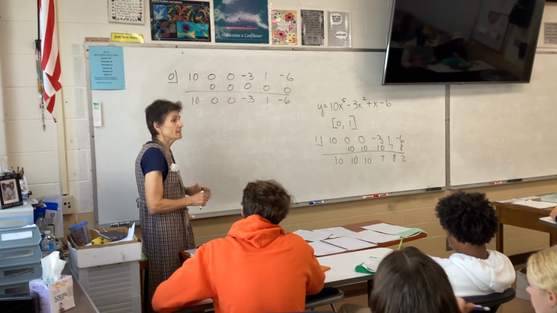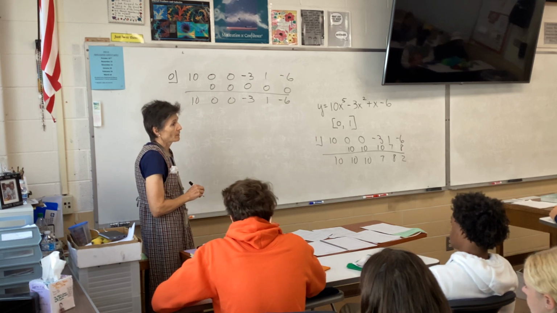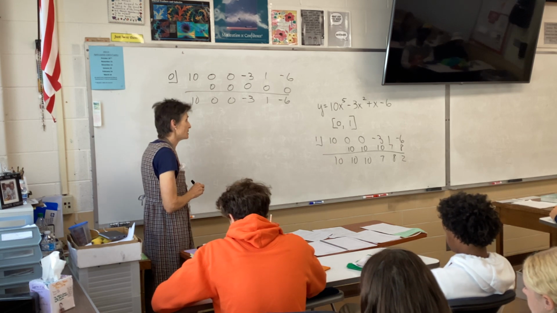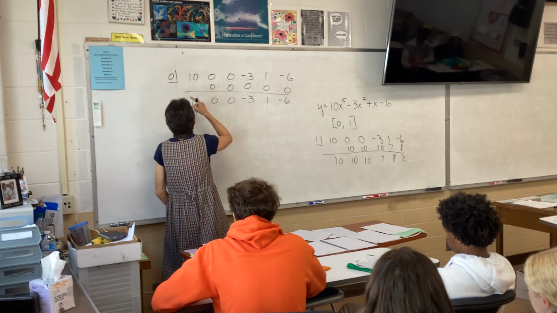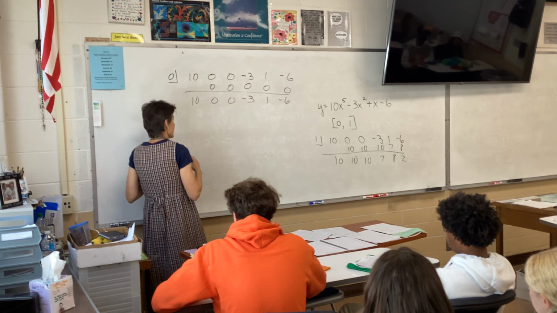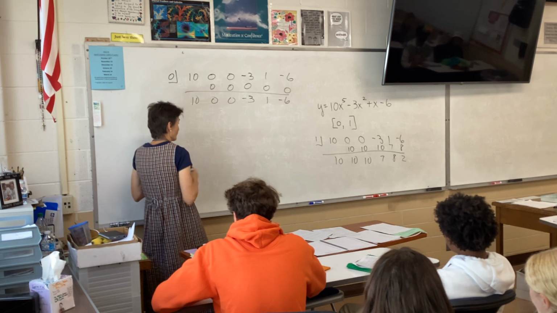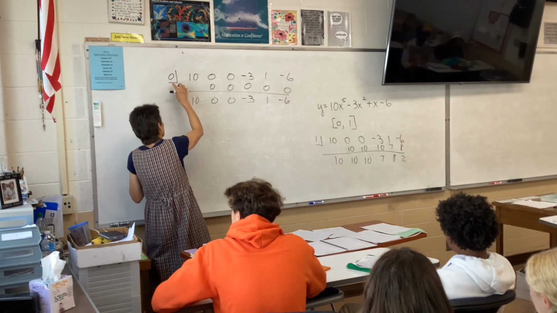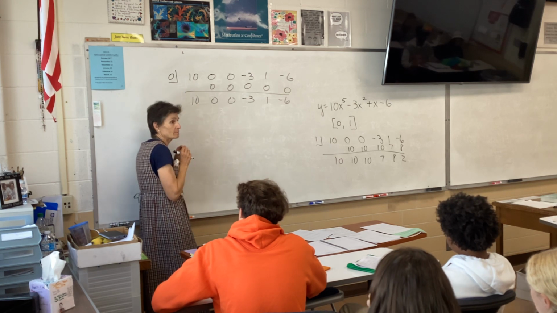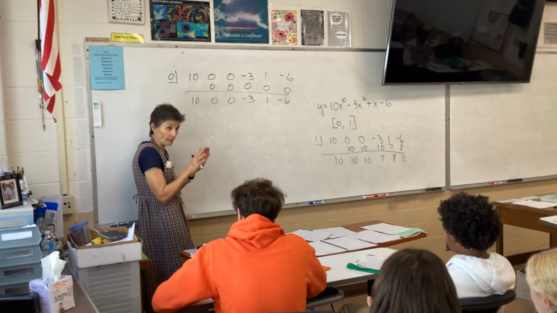We don't normally do synthetic division with 0 because what factor, if you were checking to see if this is a factor, and that's normally when you do the division, what factor would that represent? Just x, a plain x.